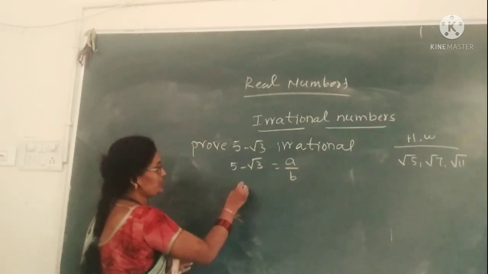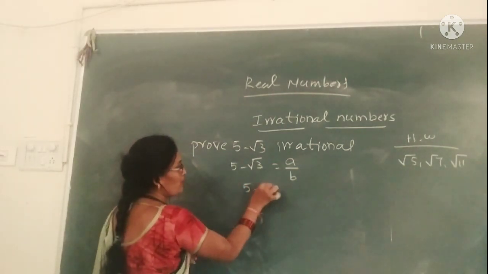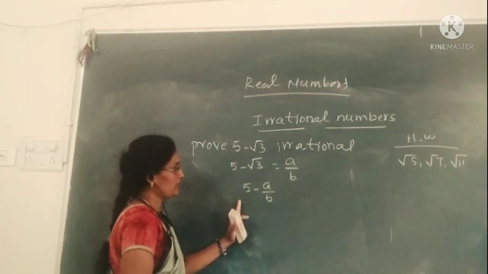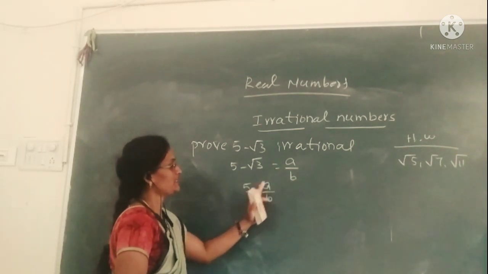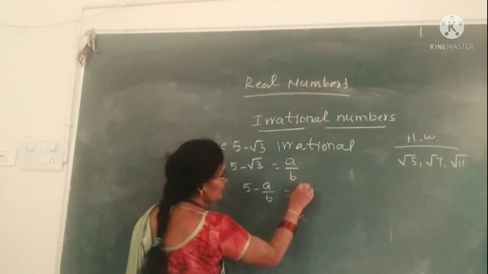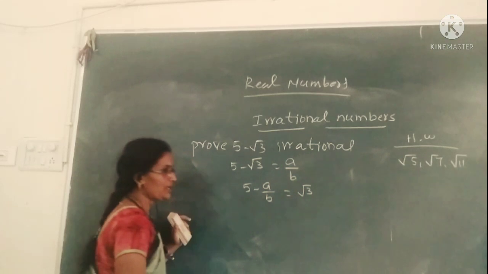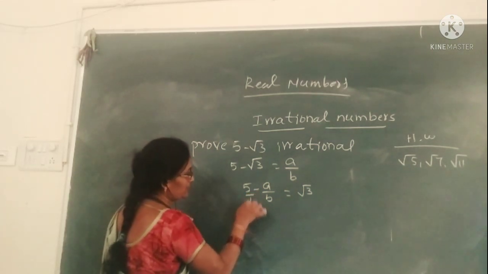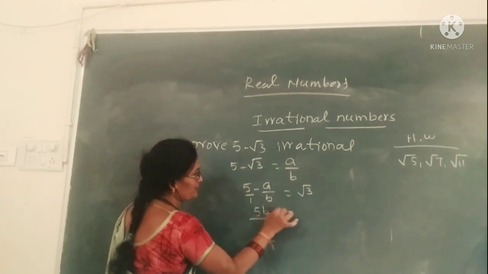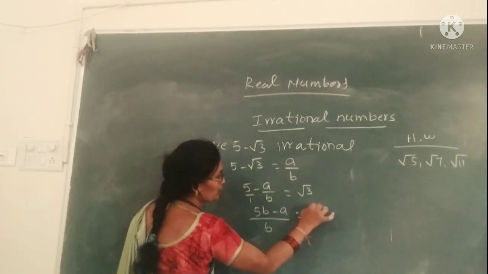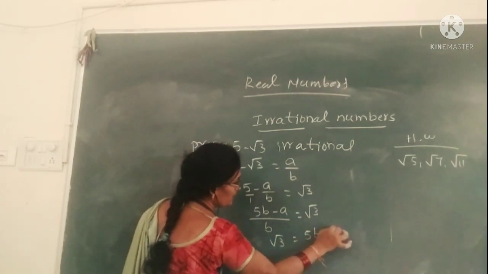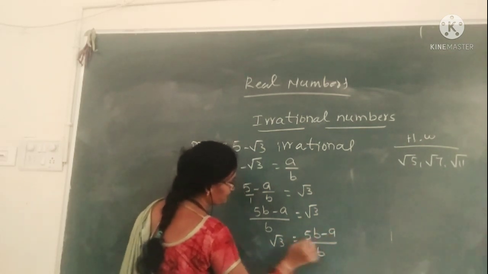Transferring terms, 5 minus a by b is equal to minus root 3, so root 3 is equal to 5 minus a by b. Taking the LCM, 5b minus a by b is equal to root 3.